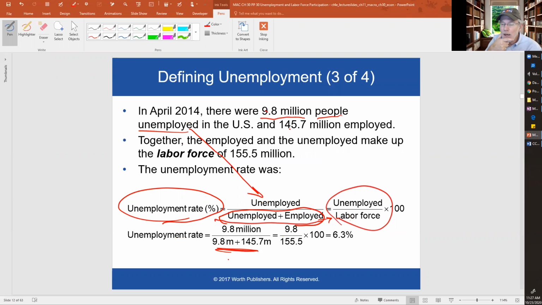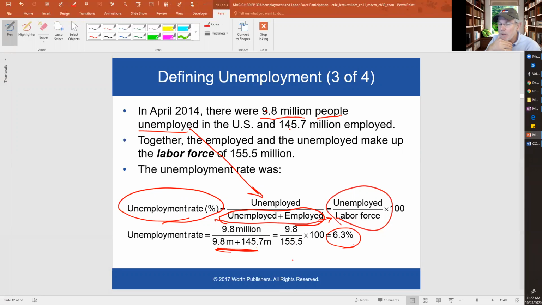So the unemployment rate is going to be the 9.8 million unemployed workers divided by the total labor force, which is the sum of the number of unemployed plus employed. So that gives you 9.8 million who are unemployed, 155.5 million, that's the total labor force. So unemployment as a percentage of the labor force comes out to 6.3%.